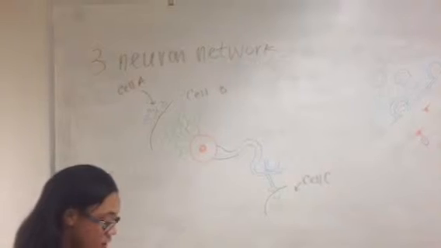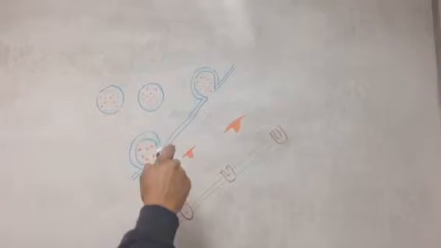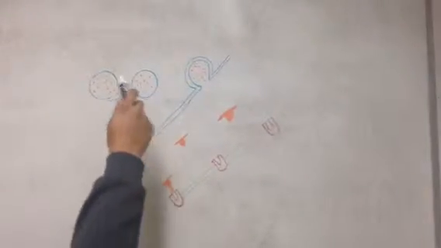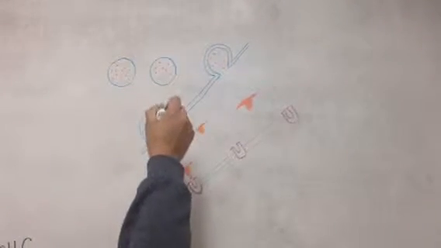So located in the terminal button, here's just a zoom in of a terminal button. Located in the terminal button, which is at the end of an axon, there are particles called synaptic vesicles. And the synaptic vesicles hold neurotransmitters.